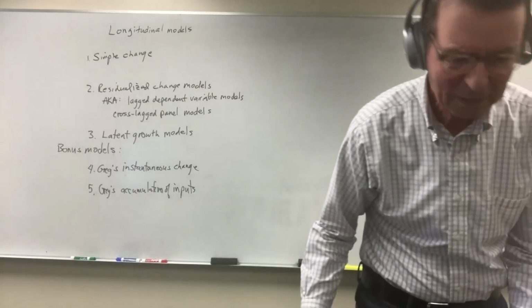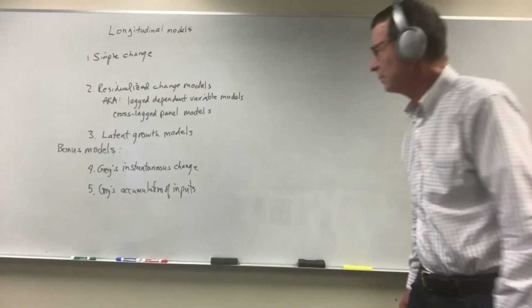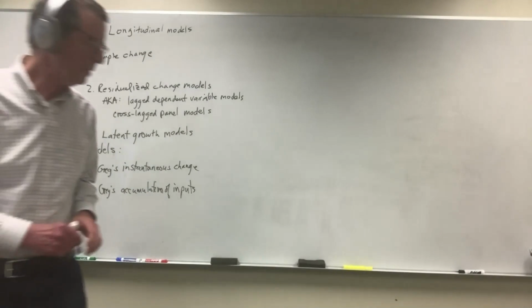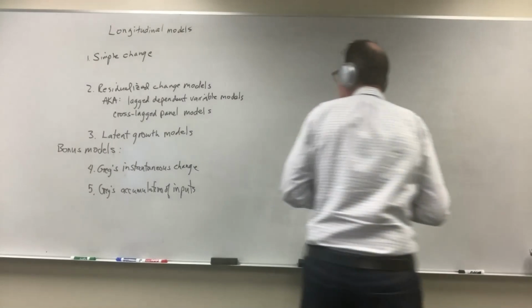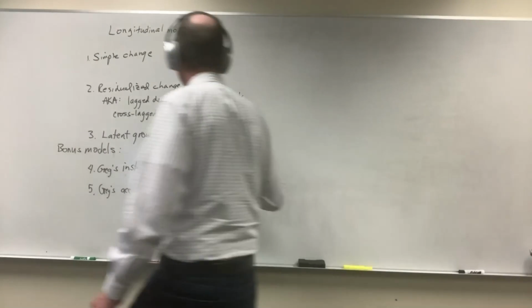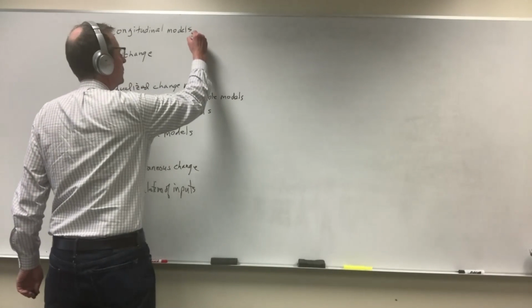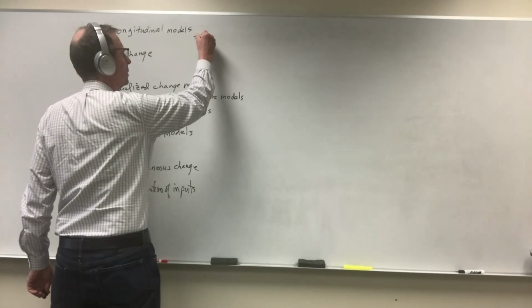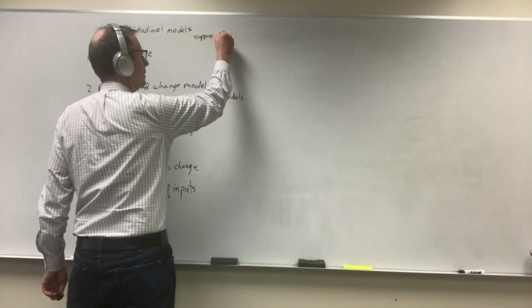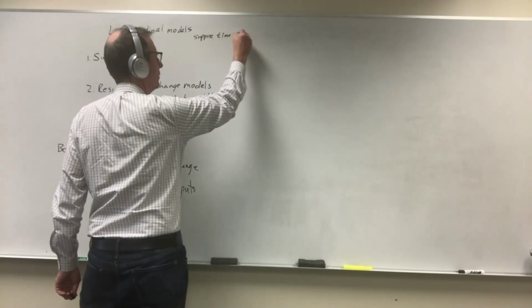All right, so we've got a little bit of explanation coming up. Let me try to characterize these with equations. By simple change, suppose we have just two observations, time 0 and time 1.